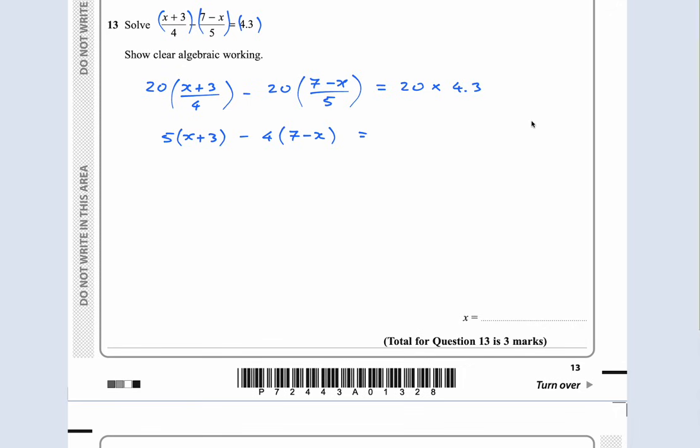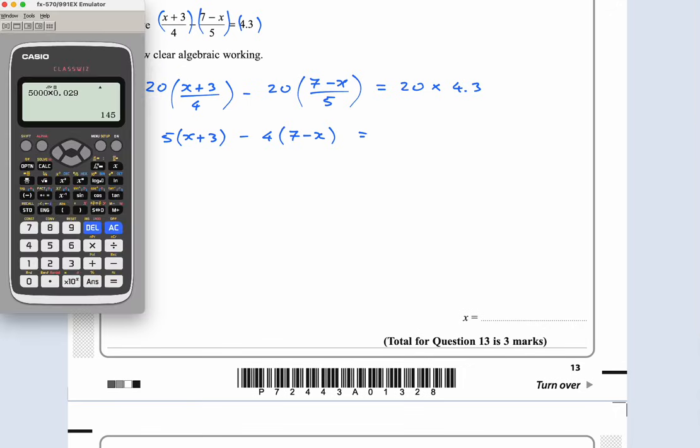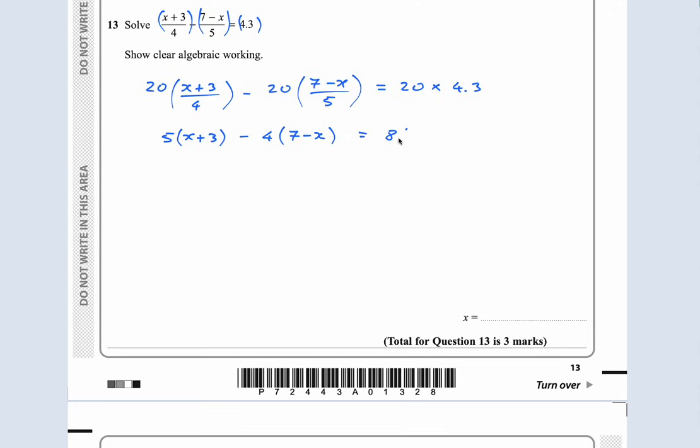And 20 times 4.3, let's use our calculator, guys. 20 times 4.3 is 86. So this is 86. Multiply out: 5x plus 15 minus 28. 4 times 7 is 28.